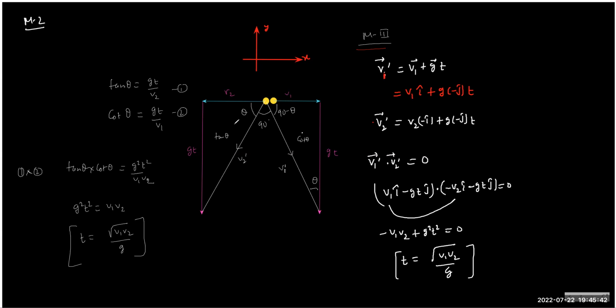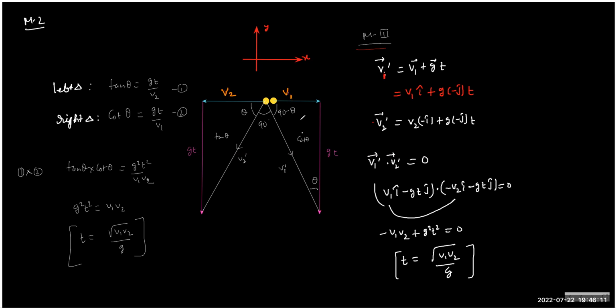So you use the left triangle, and this is the right triangle. So what is the left triangle? tan theta equals GT by V2. We are writing only value.